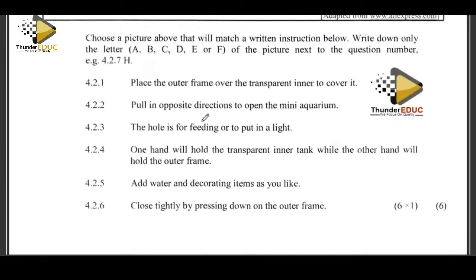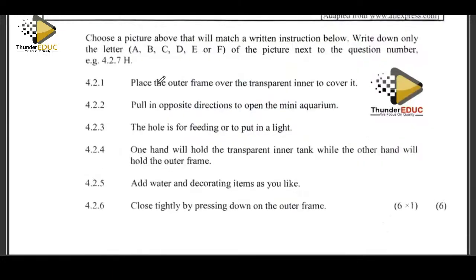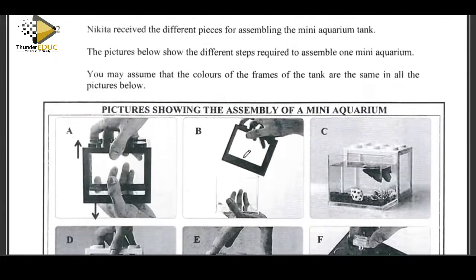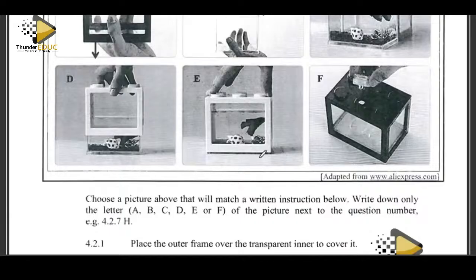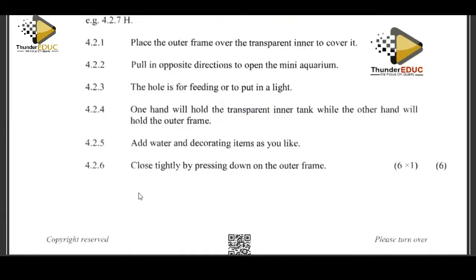We're going to match. Place the outer frame over the transparent inner cover. Which instruction is that? Because it says place the outer frame over the transparent inner cover. So B can qualify, and also D. For now, let's put D. Pull in opposite directions.